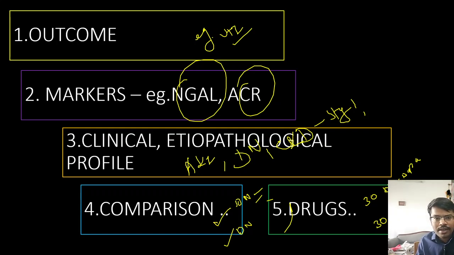You can check some marker, for example HbA1c or serum magnesium level in UTI, or you just want to assess the clinical etiological profile of UTI in your institute, or you can compare it, or any drugs if you want, you can plan like that, so that you can plan a simplistic thesis topic.